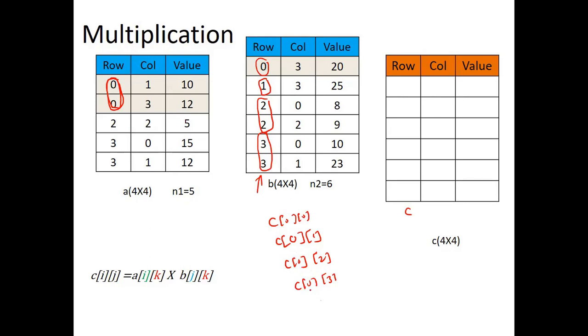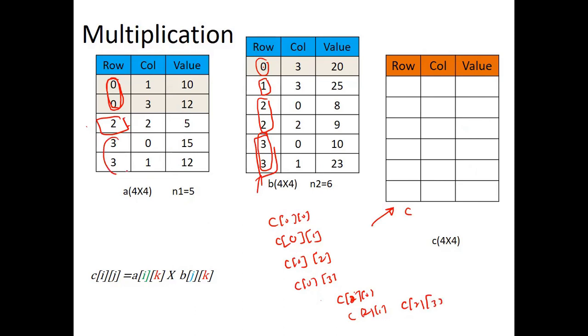Similarly, the next entry can be the second row and 0th column, second row and first column. Remember this thing, we will only be feeding those entries for which the value is valid, that is, non-zero values that exist. And then second row, third column.